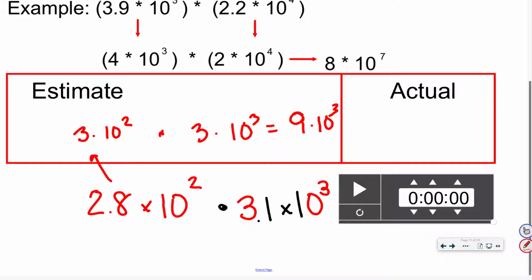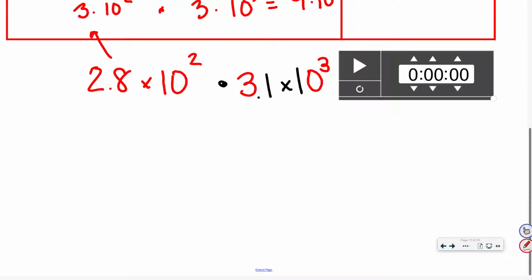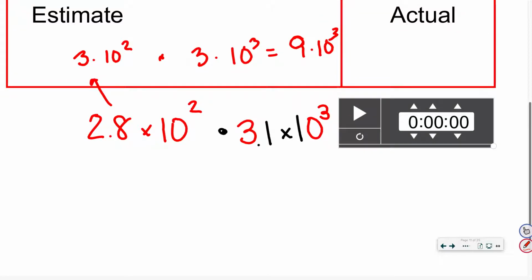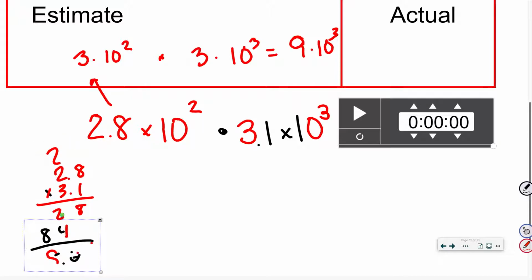Now, if we needed this done quickly, real quick, 2.8 times 3.1, we have 8, we have 2, we have 24, we have 8, 8.68. Sorry, that's sloppy. So 8.68 times 10 to the 5th is the actual answer. I said about 9 times 10 to the 5th. So we were close. Right, you were close.